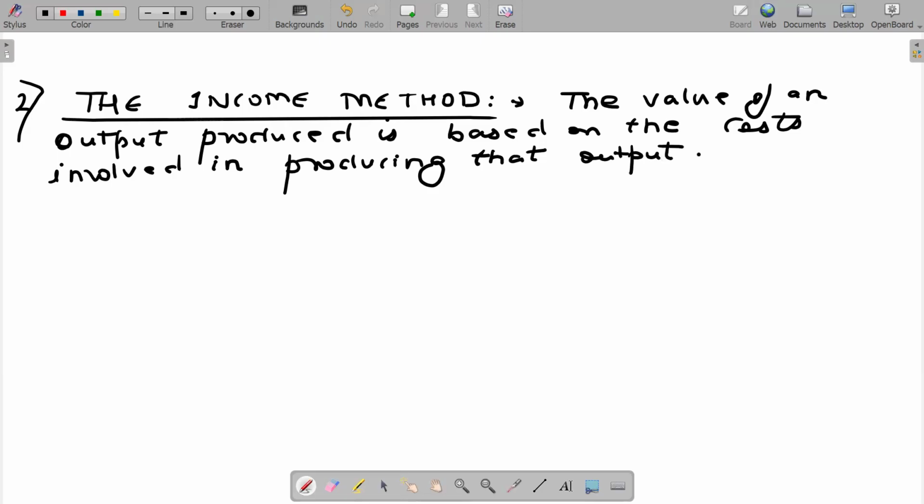The value of the output produced is nothing but the costs involved in making that output.